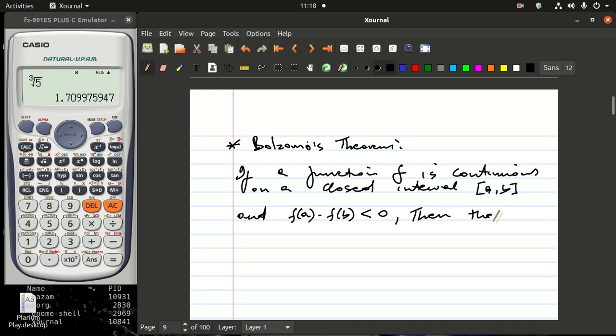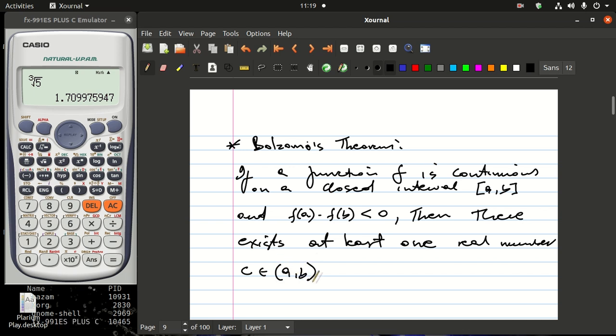If this is happening, then there exists at least one real number C, right, where this C is in between A and B, right?